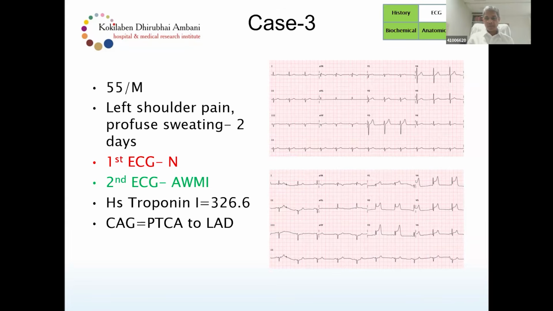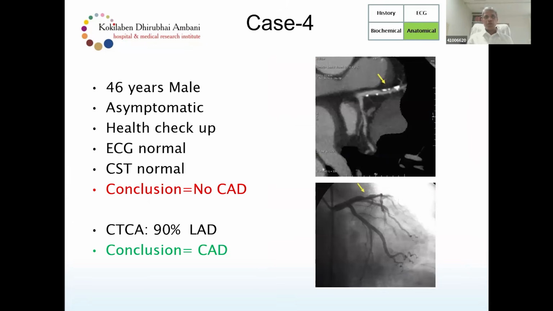So we take another case. This is a 46-year-old male. He is asymptomatic, went for a health checkup. The ECG was normal. The computerized stress test was normal. And he was given a report that there is no coronary artery disease. Then he also undertook a CT coronary angiography as a part of some luxury health checkup package, which showed that there is a 90% LAD.